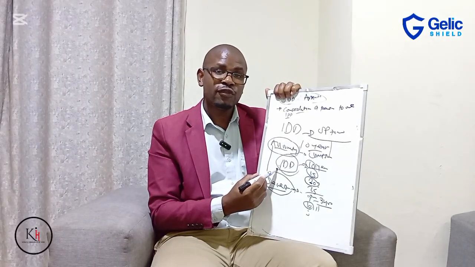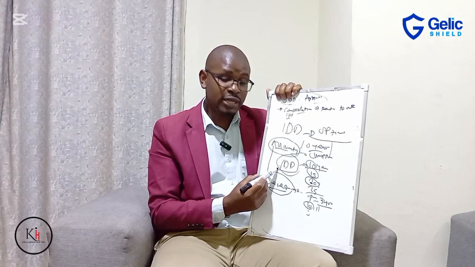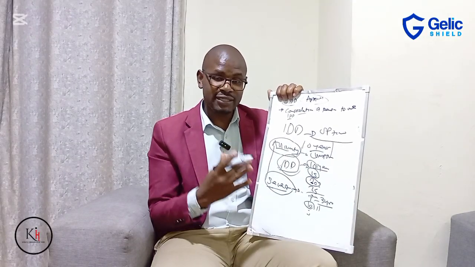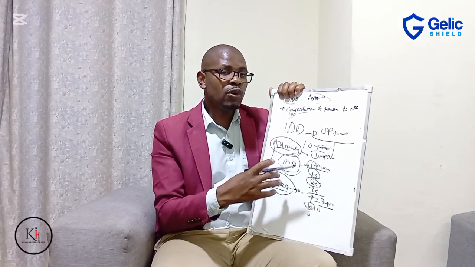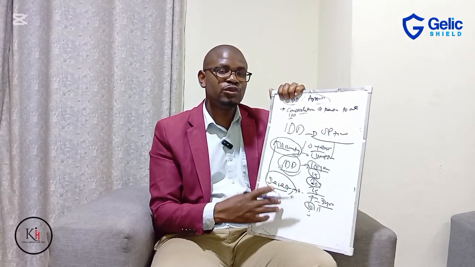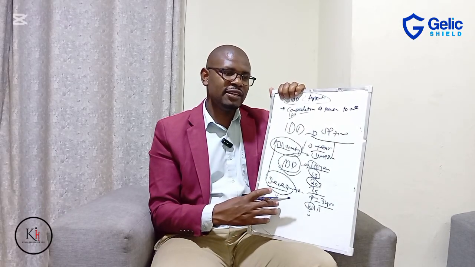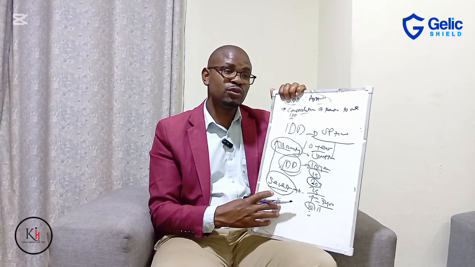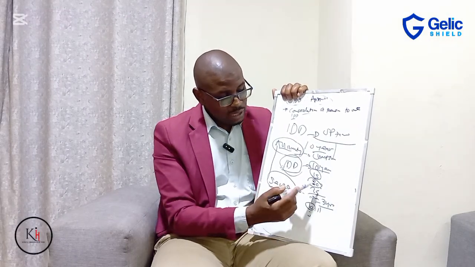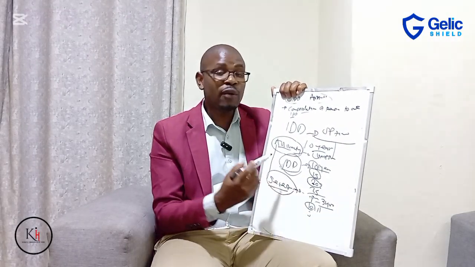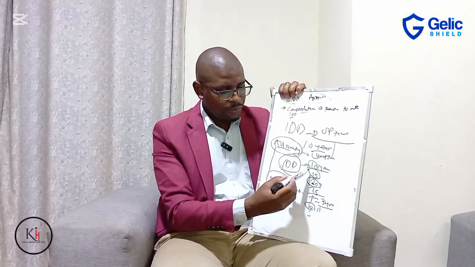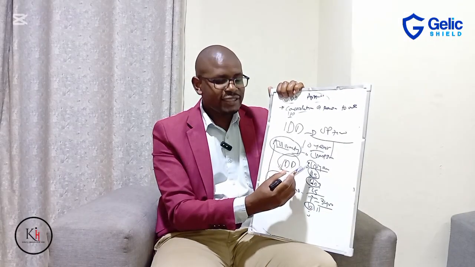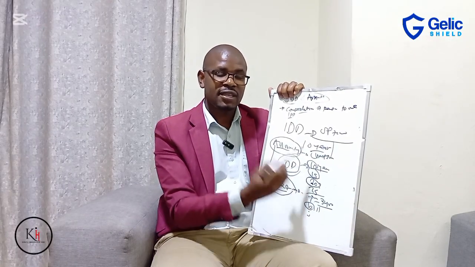Now, when we talk of IDD, we are talking of something entirely different. You also have a chance to choose your beneficiary, and you can also choose how long. For example, you could say, I want an income drawdown that ends at the 10th year.